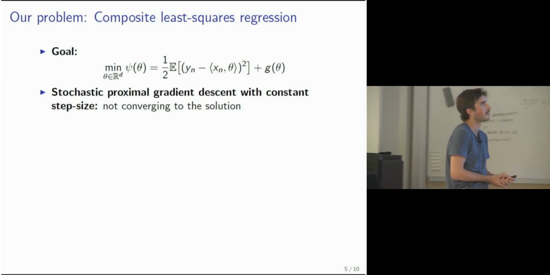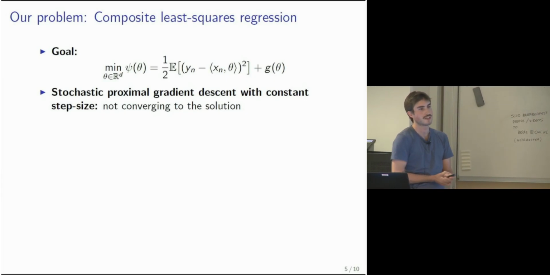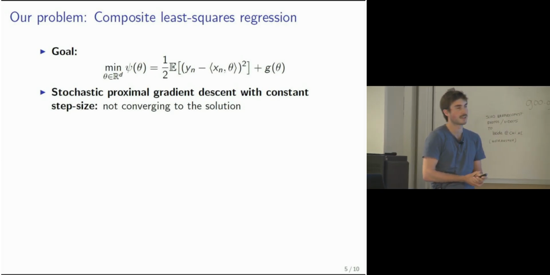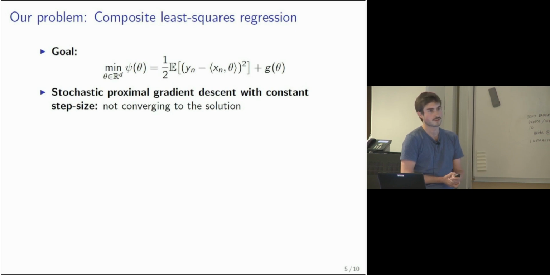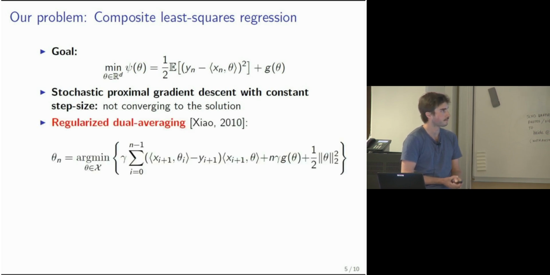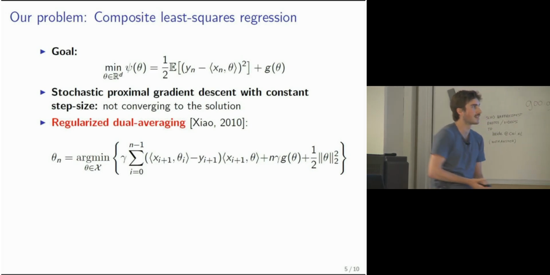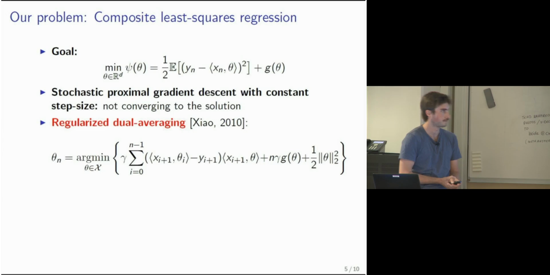We are interested in minimizing the sum of the least square function plus any function g. But stochastic proximal gradient descent with constant step size will not converge to the solution. So instead, we consider a different algorithm introduced by Xiao, which is regularized dual averaging.